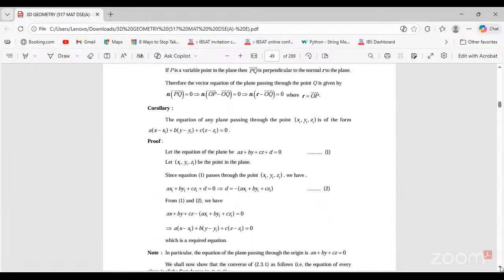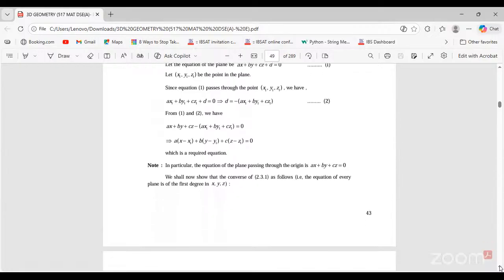So d equals minus of ax1 plus by1 plus cz1. Call this equation 2.